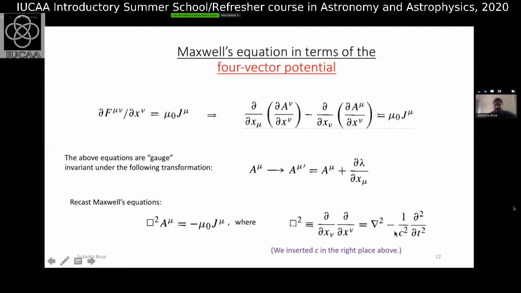The reason there is a negative sign is because the Minkowski metric component eta 0,0 is -1 in my convention. Eta 1,1, eta 2,2, eta 3,3 are all positive ones, and that is what gives you this Laplacian in 3 dimensions. So that is how I get another tensor equation: the D'Alembertian acting on A mu being proportional to the 4 current J.